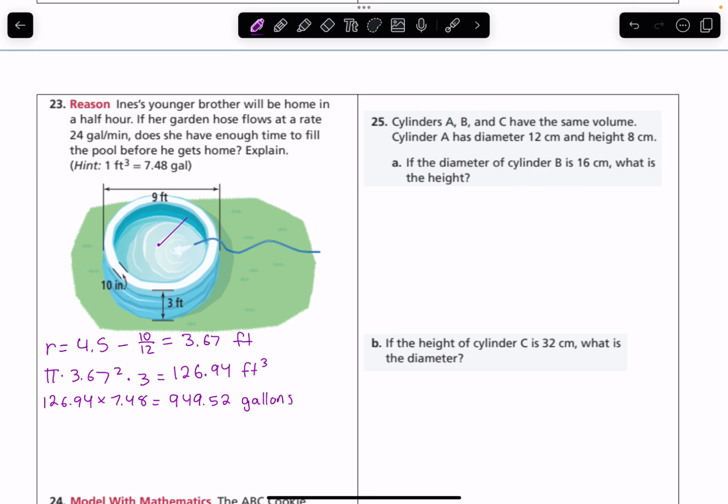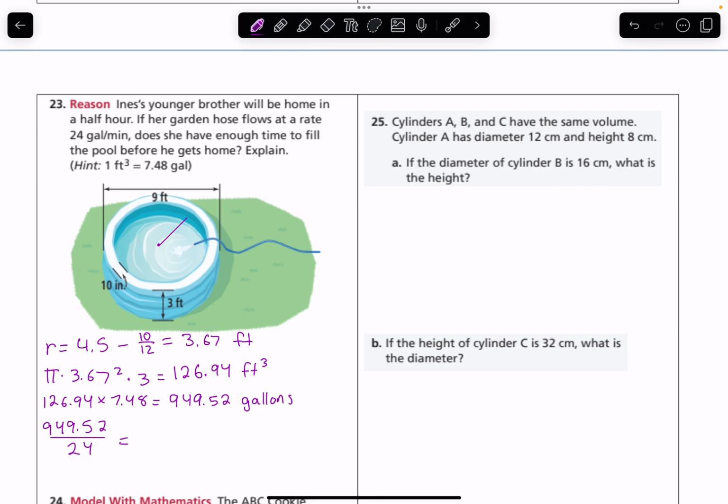And then we need to figure out how long it's going to take to fill the pool. And it flows at a rate of 24 gallons per minute. So I can take the 949.52 gallons and divide it by the number of gallons per minute, the rate there, and it's 24.